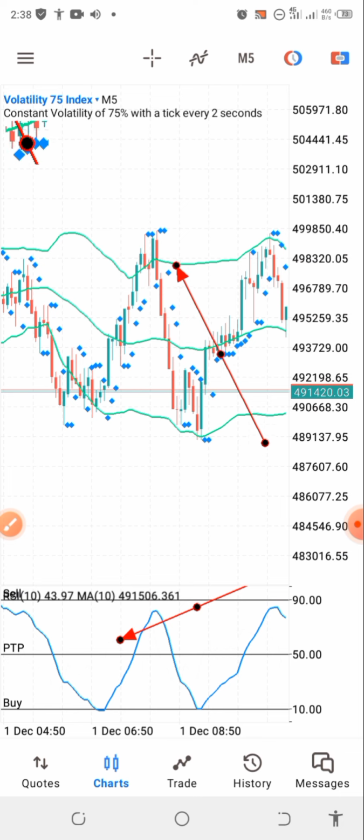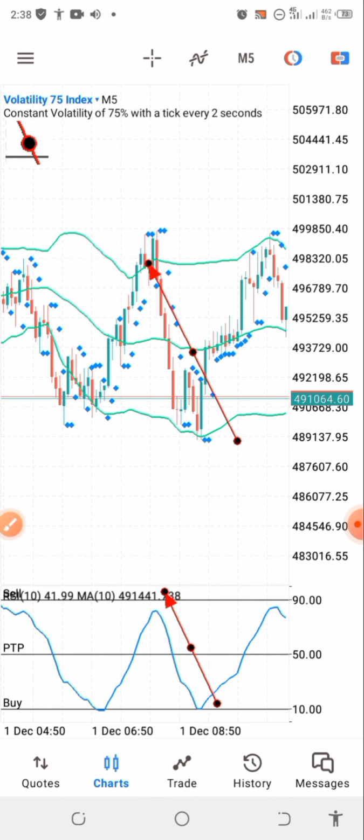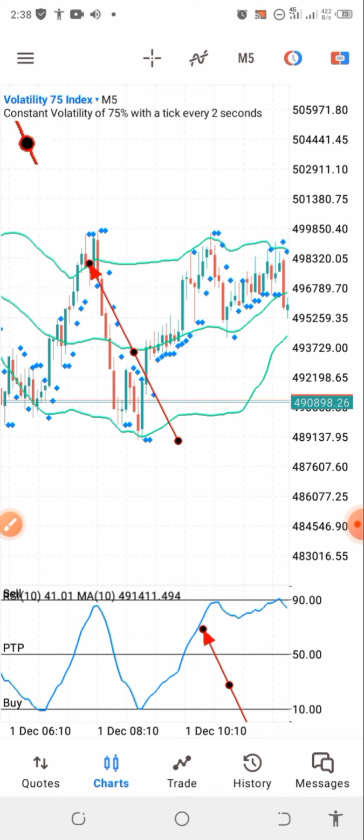When you see the parabolic SAR moving above the price, that's when you take note. Then make sure the price moves back inside this Bollinger Band. This one is not clear for confirmation because the moving average is not touching the 90 level, so you want to wait for a clear confirmation, like the one you can see right here.